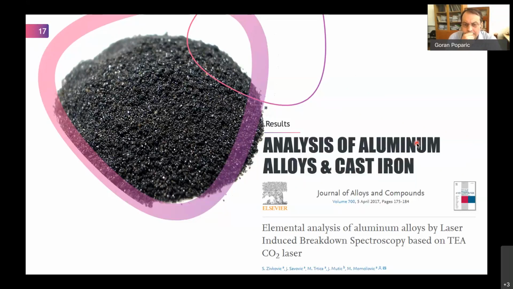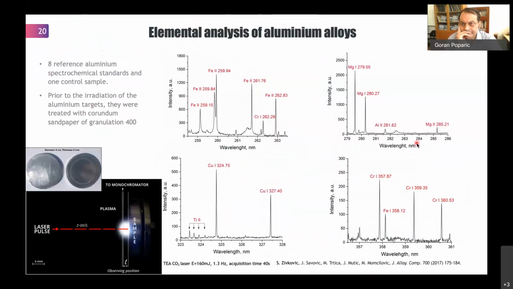If the surface of the sample is pretreated by mechanical treatment, LIBS analysis can be performed. So we used 8 reference aluminum standards and one control sample. Prior to irradiation, they were treated with sandpaper of granulation 400.